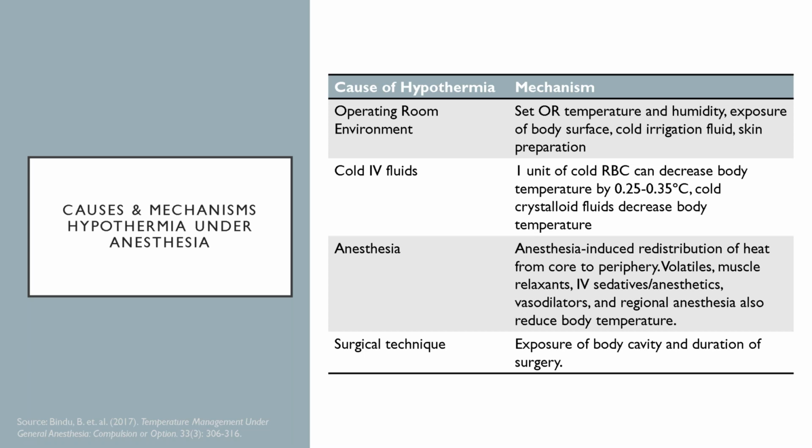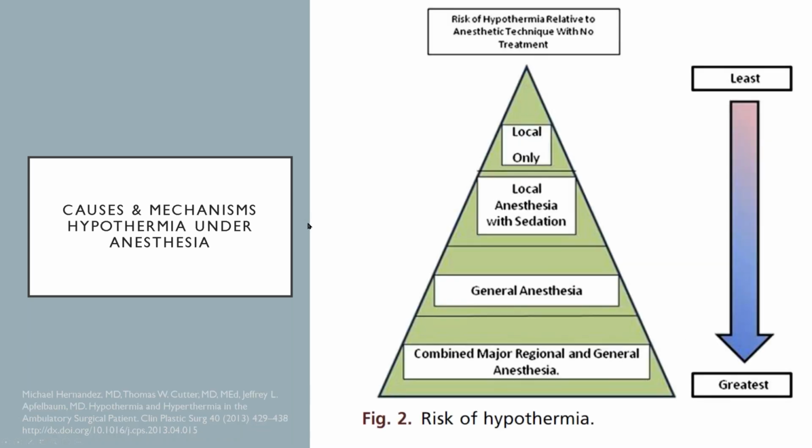And that's the problem that I don't think people have a great appreciation for, as to what that does to your ability to manage a patient's core temperature in that setting. Surgical technique, of course, exposure of body cavity, obviously duration of surgery, but again, in an ambulatory setting, that's probably less of a concern in a general sense.